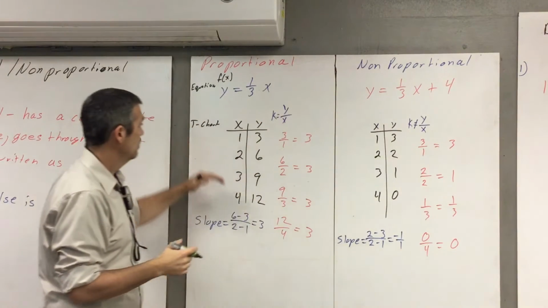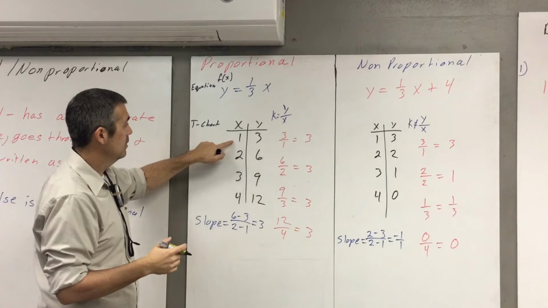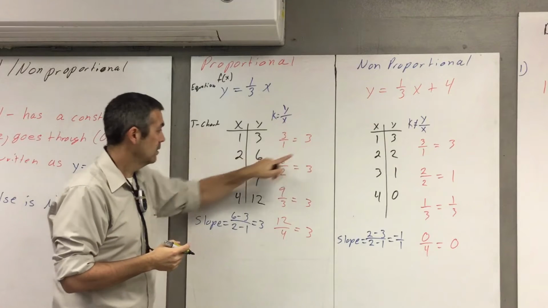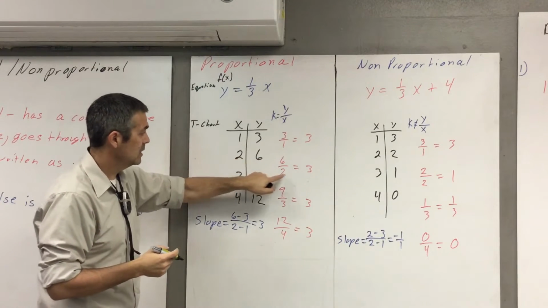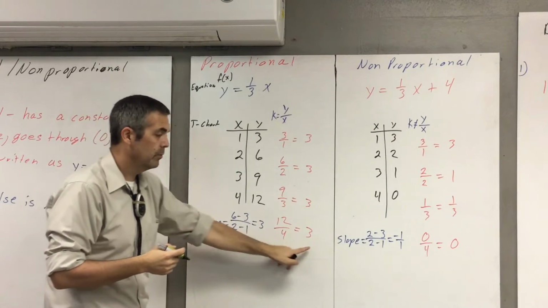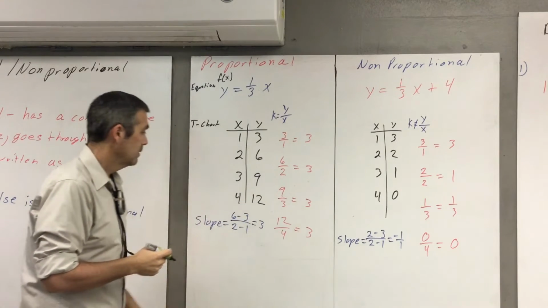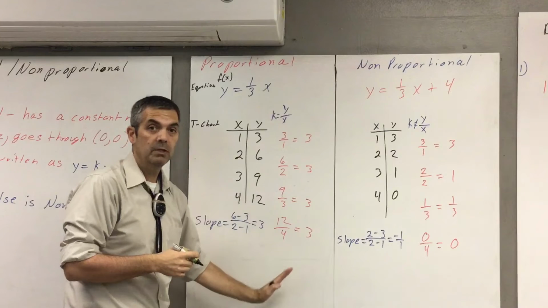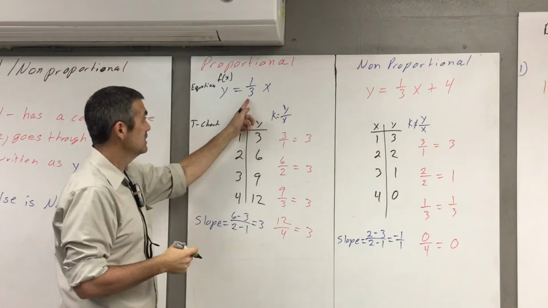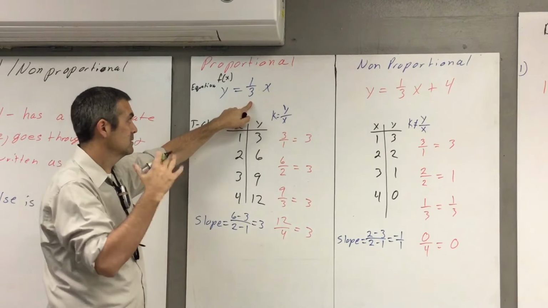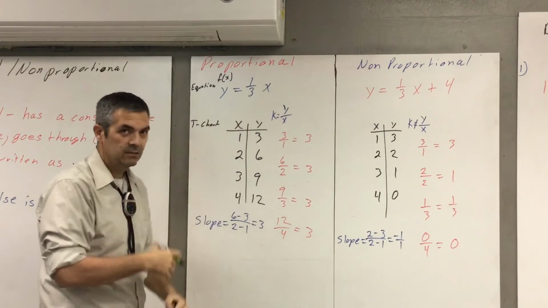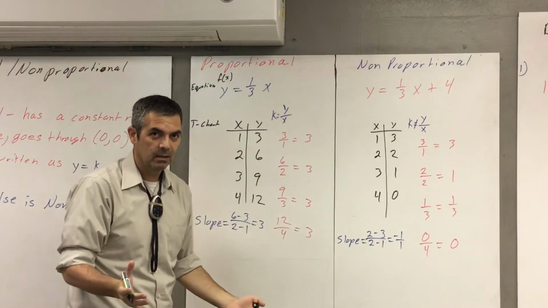So here, y over x has 3 over 1, which equals 3. Now notice, I can continue to do this, and I keep getting the same k all the way down. And this is going to be your slope. When you're talking about y equals kx, the k, constant of variation, constant of proportionality, rate of change, slope, all the same thing.